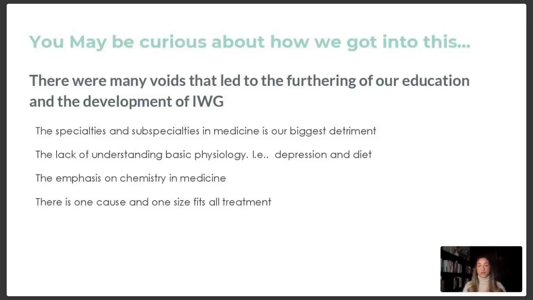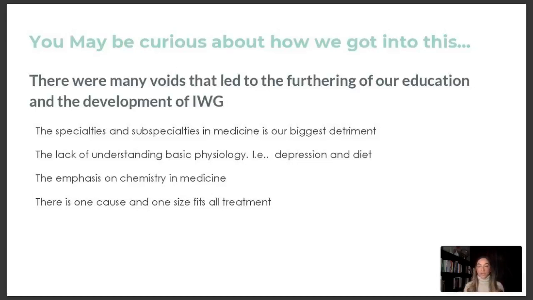So if you are dealing with gut issues and going to your gastroenterologist, but then you're also dealing with depression, going to your psychiatrist or psychologist, and we are assuming that these two different sets of symptoms are completely separate, we can't help you. There's no way that you can get better, because we're completely missing the fact that both of these systems are 100% connected.